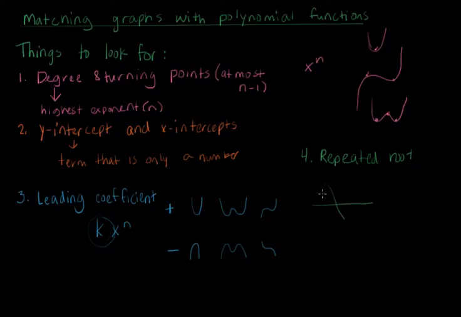But in a repeated root, so this is a regular root, a single root, let's say. But in a repeated root, the graph, instead of crossing through, is going to hit and bounce. So instead of crossing the x-axis, it's going to bounce and go back the other way. So this is a repeated root. That's another feature of a polynomial that we might be able to use to distinguish which one's which.